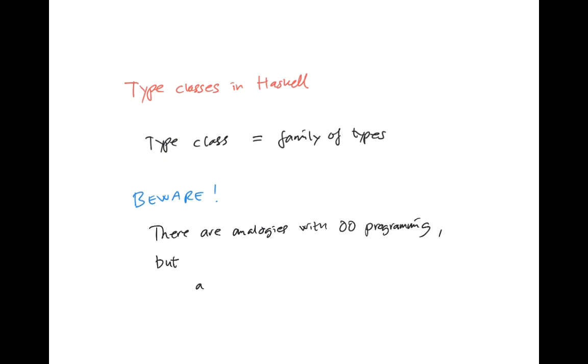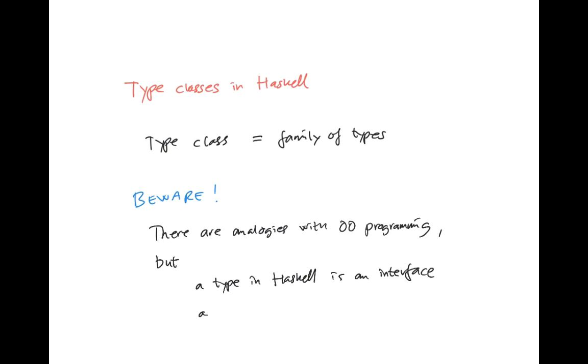A type in Haskell describes an interface. It's not an implementation. It's a description of the interface of a certain kind of value.